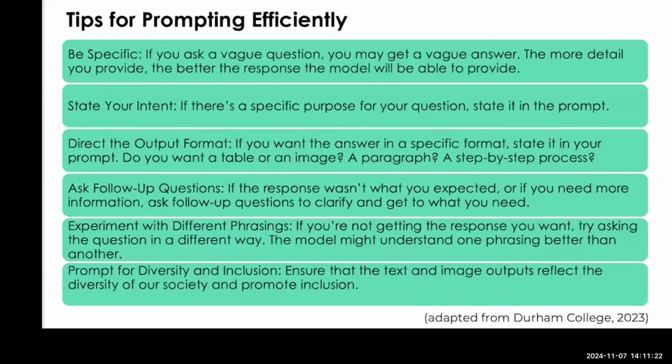Here are some tips. I'm repeating some of the things that were mentioned before because it's important. So be specific. If you ask a vague question, then you will get a fake answer. It says vague answer, but I say fake. It will just be hallucinating. The more detail that you give it, the better response that you will get. And so that's important. Your intent. What is your intent? That is why we often see persons give the AI a role.